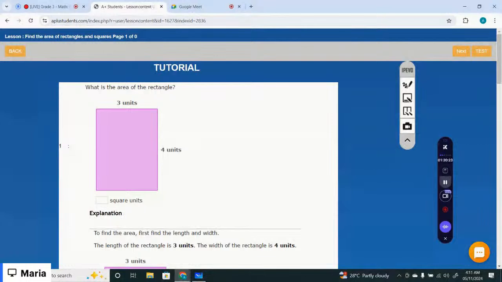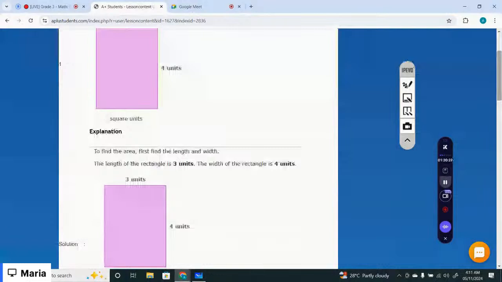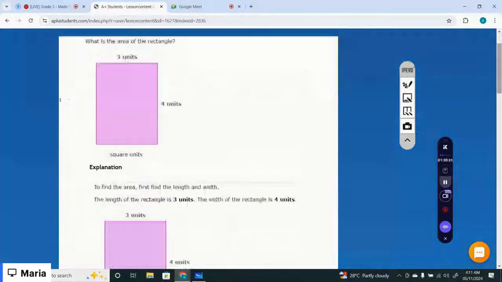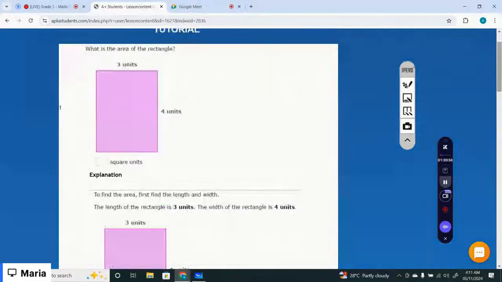So you are given the rectangle, you need to find the area of the rectangle. So whenever we have to calculate the area of the rectangle, we have to multiply the length times width, right? The area of a rectangle is length times width.